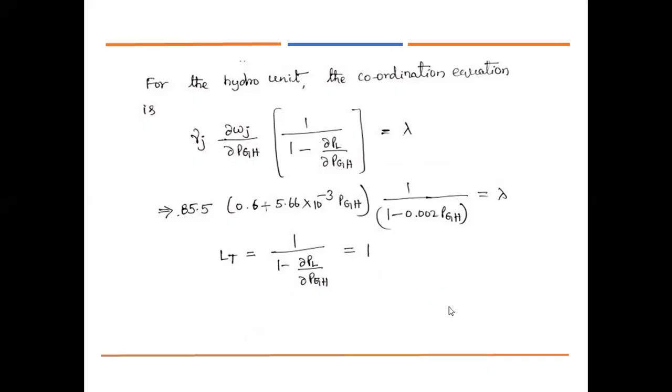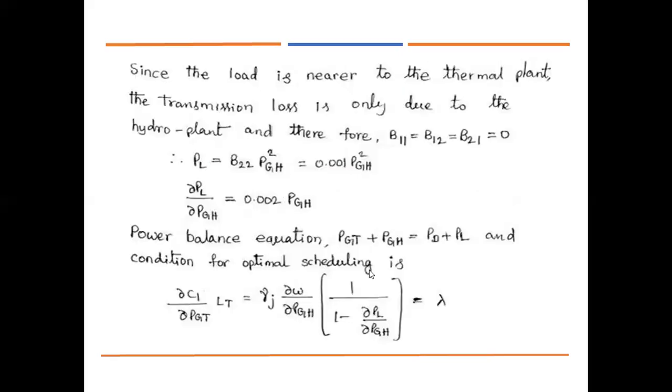Here we know the value of omega j equation and gamma j, so we need to substitute all the values. Then we will get this equation. This is the penalty factor equation, that is LT equal to 1 by 1 minus dou PL by dou PGH equal to 1. Here we need to find out the PL value, that is the transmission loss value.